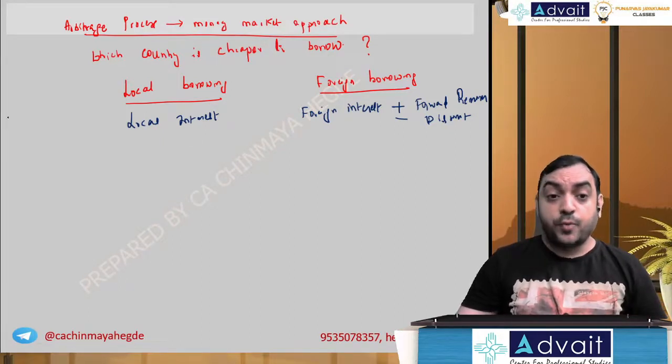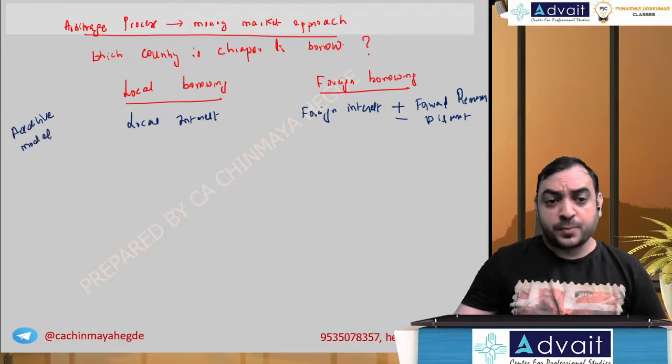This is a simple model, simple interest approach. It's an additive model. Additive model is okay for decision making purposes. You can do it approximately. What is the multiplicative model?